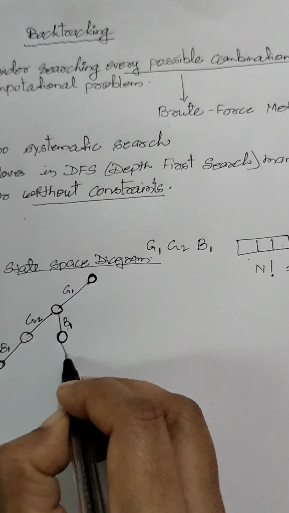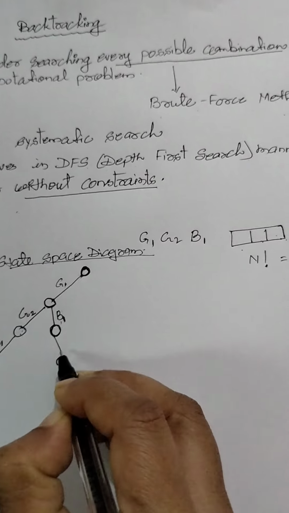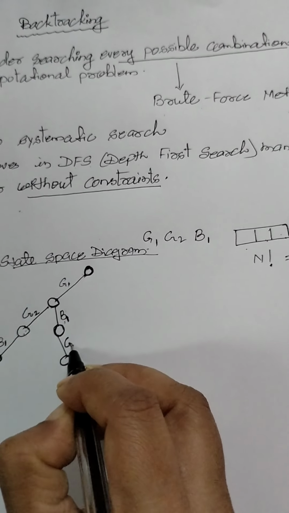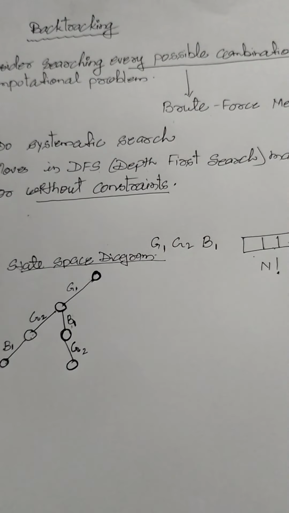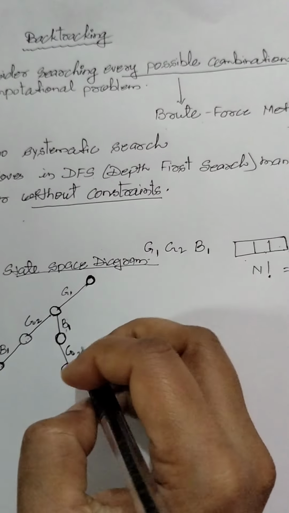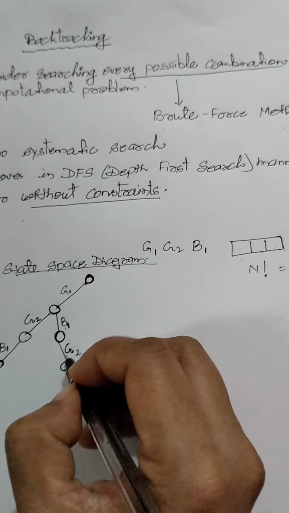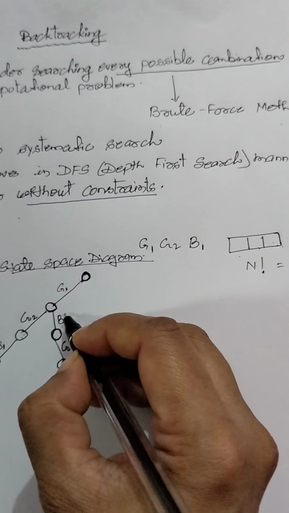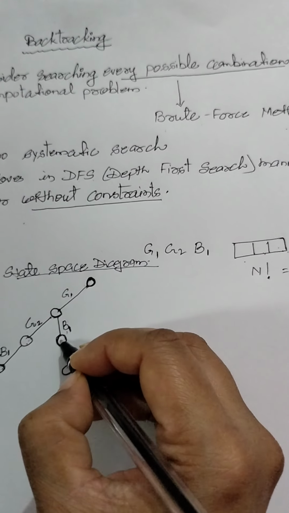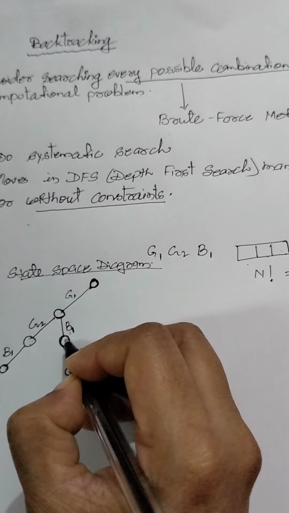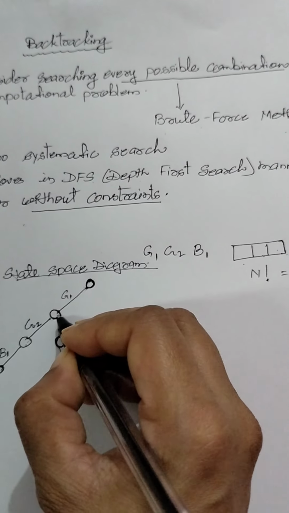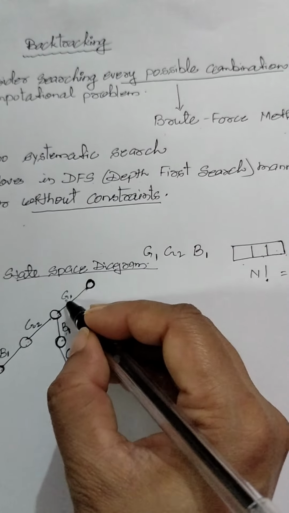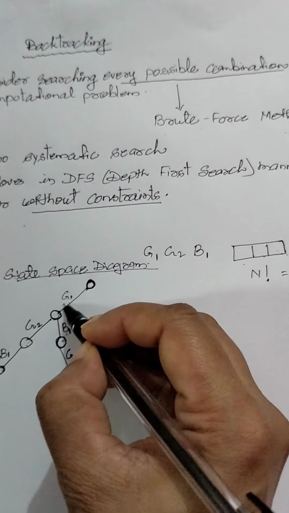Now at the third one girl G2 can take her place, right? Secondly, you can remove G2, you can remove B1, that means come one step back to chair 2 and come here to chair 1, and here you can remove girl 1.